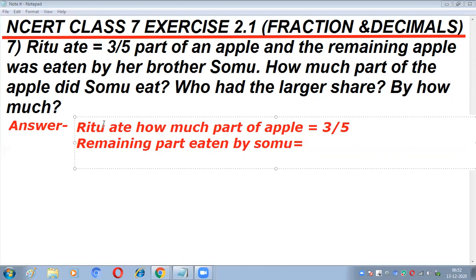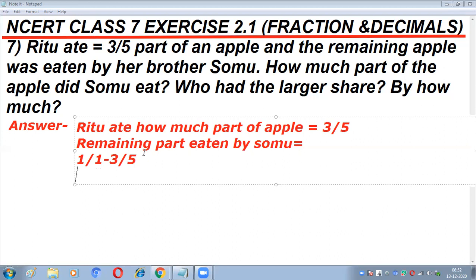So the apple was 1. So we can also write 1 by 1 minus, and Ritu ate 3 by 5 part of the apple. So here we have to calculate 1 by 1 minus 3 by 5.